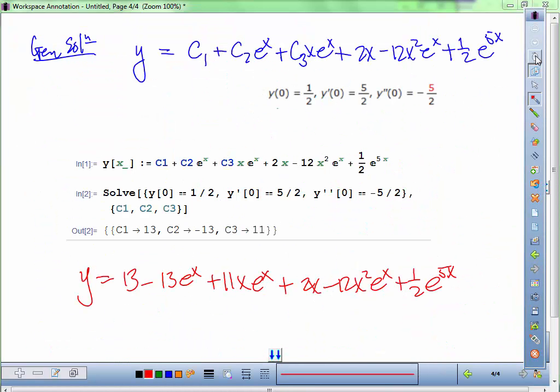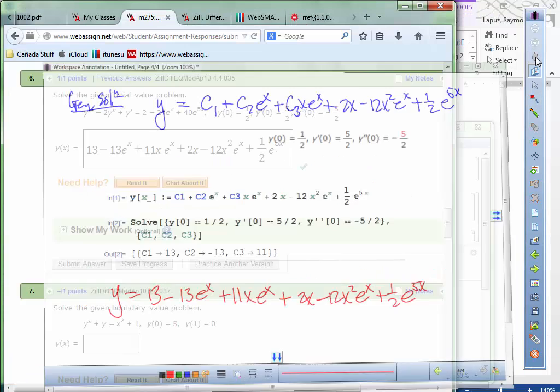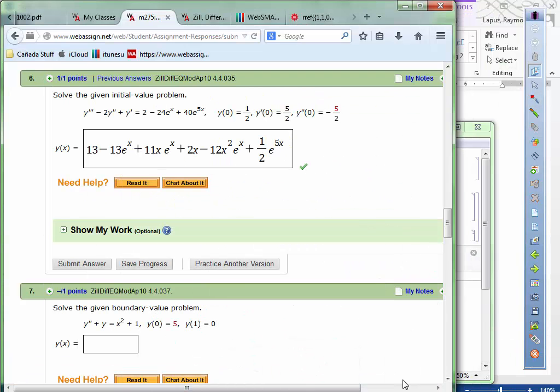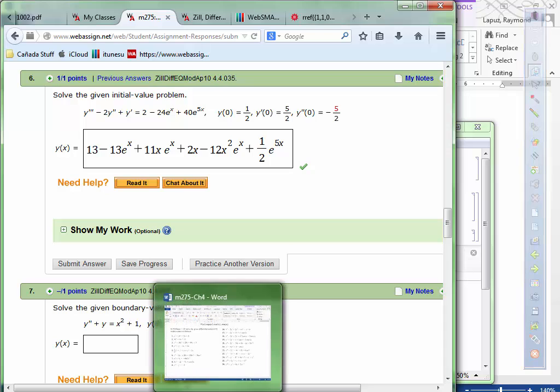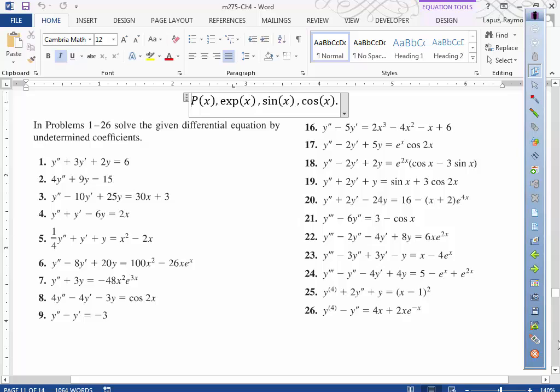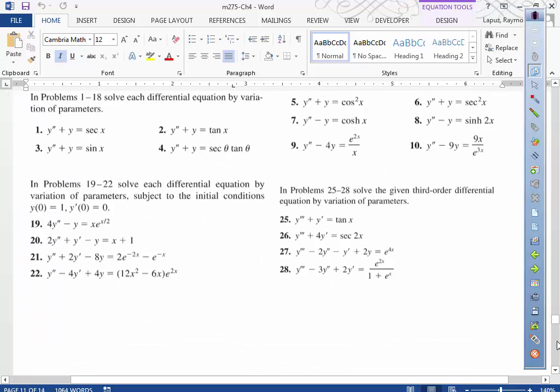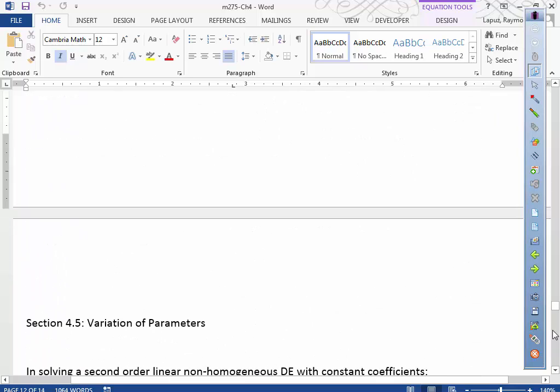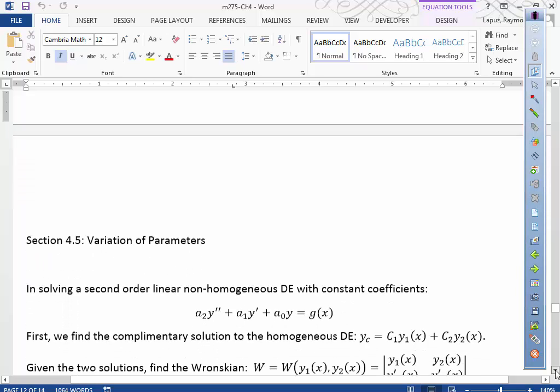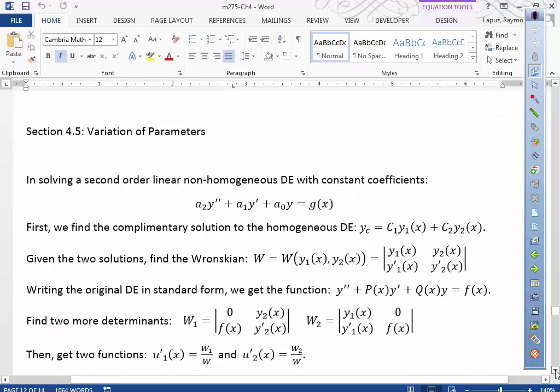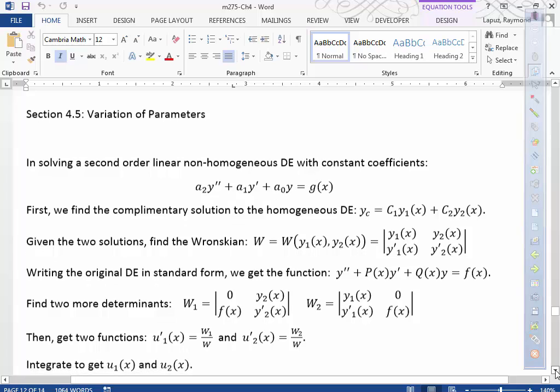So that's where we are right now. And so we're starting to build up in difficulty, and it's just going to get harder. This has an explanation in the book that comes up with these formulas.